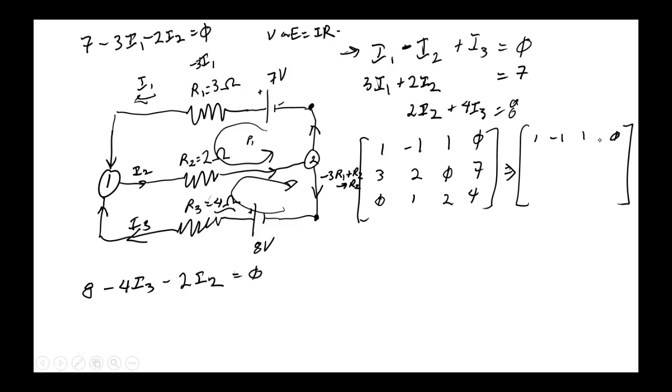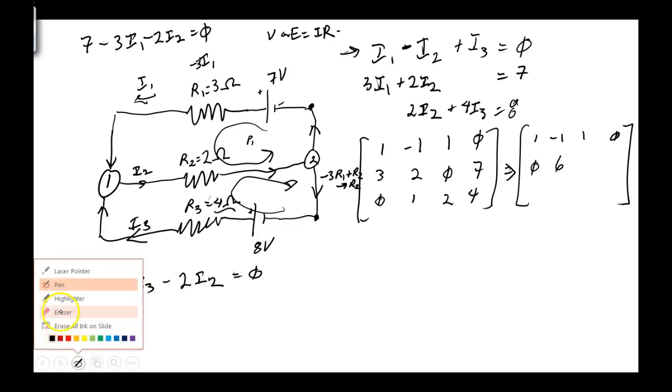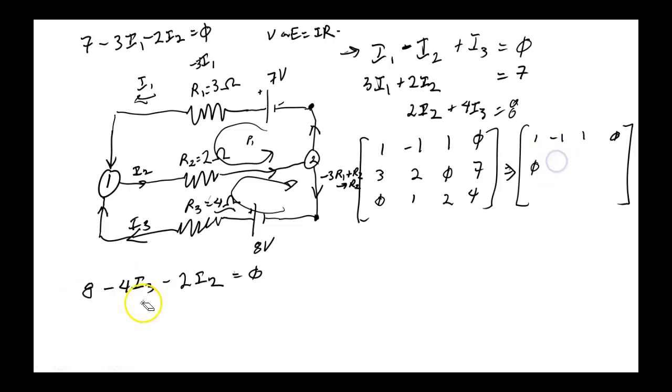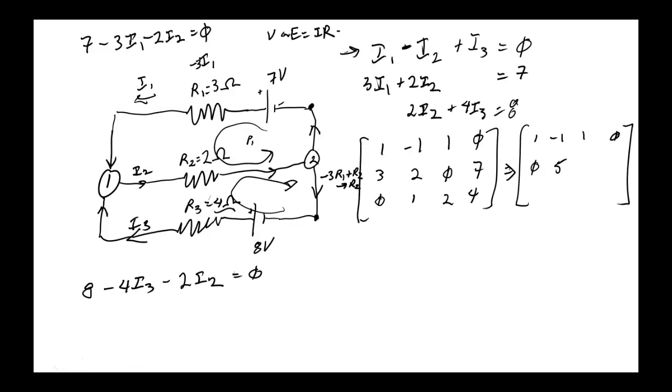New second row is 0, 6. Wait, is that 6? Wait, let's back up. Is that really a 6 there? 5, okay. Leading me astray here, honey. Shame on you, okay. Next. Minus 3 and 7. Good deal.